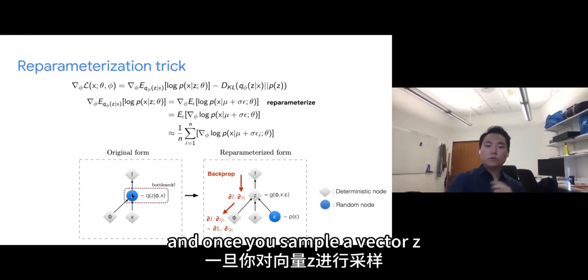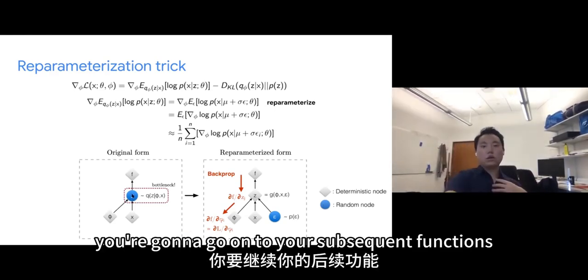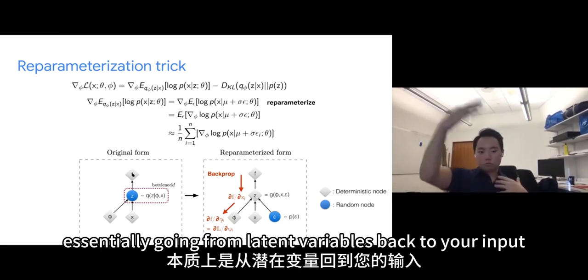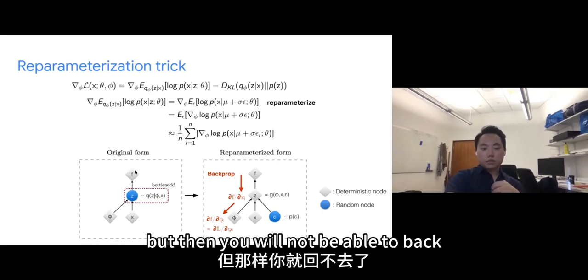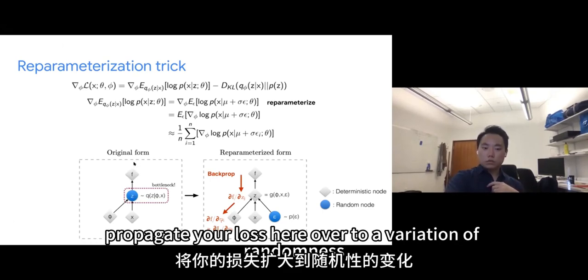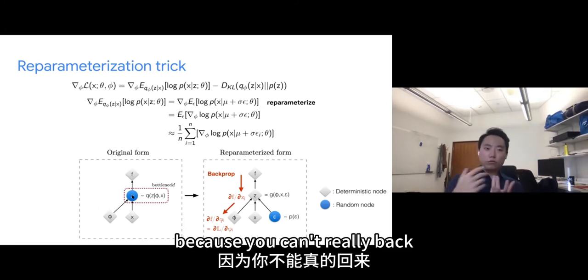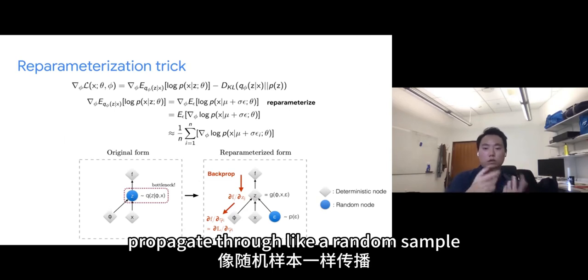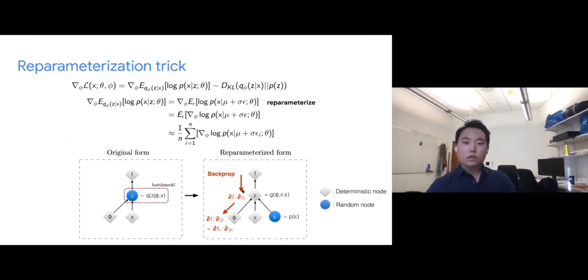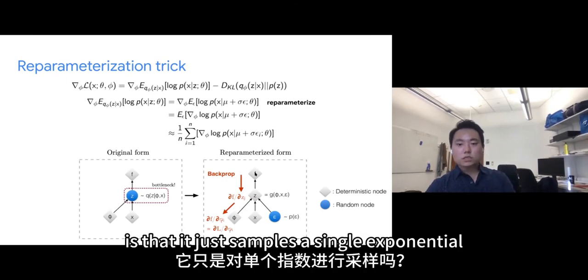And once you sample a vector Z, you're going to go on to your subsequent functions, essentially going from latent variables back to your input. But then you will not be able to backpropagate your loss here over to your variational parameters because you have a random node stuck in the middle, which creates a bottleneck because you can't really backpropagate through a random sample.